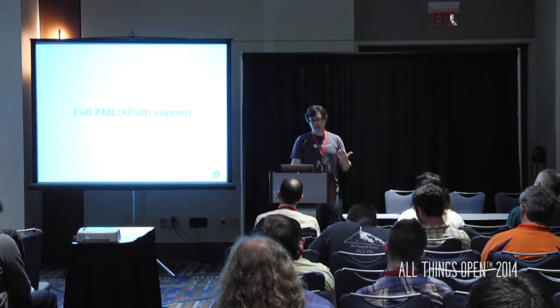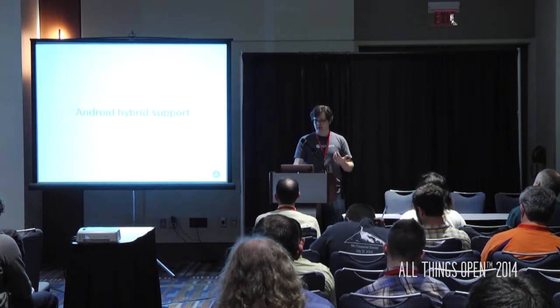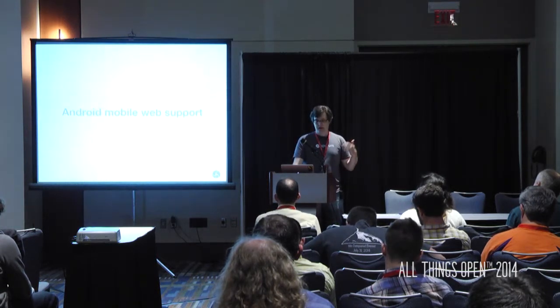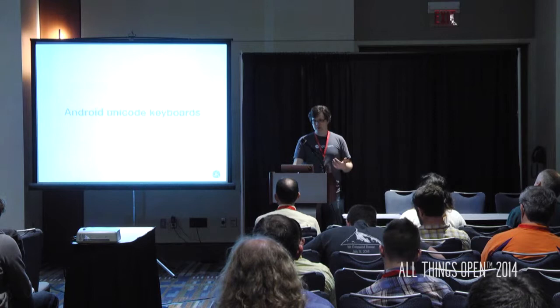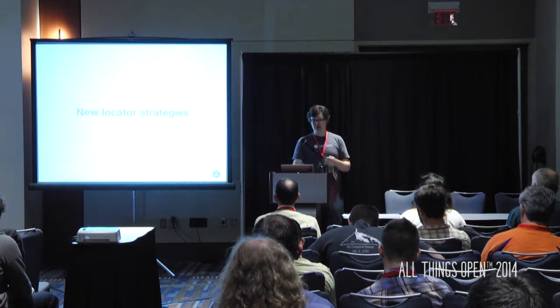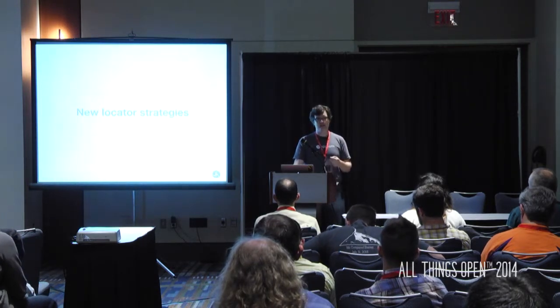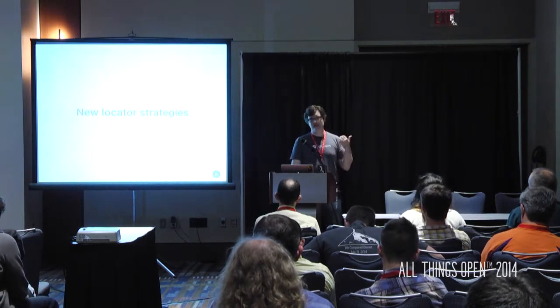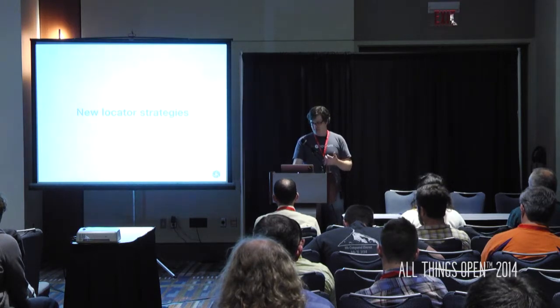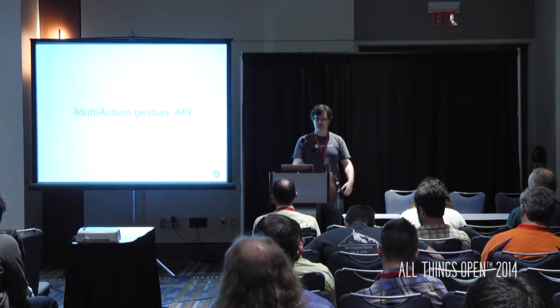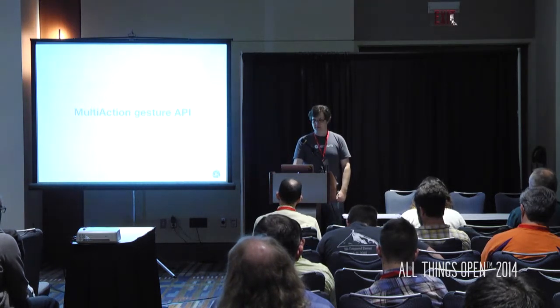We've expanded XML and XPath support, Android hybrid apps, mobile web support, Unicode keyboards, and new locator strategies. These are ways of finding elements on the page: CSS, ID, and other methods of finding those elements in the views that you're testing.